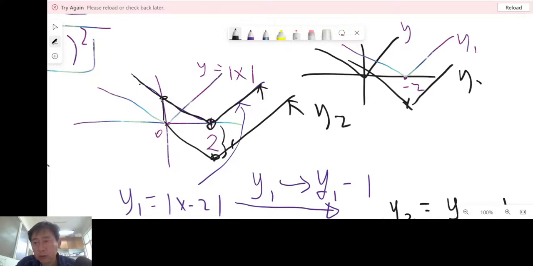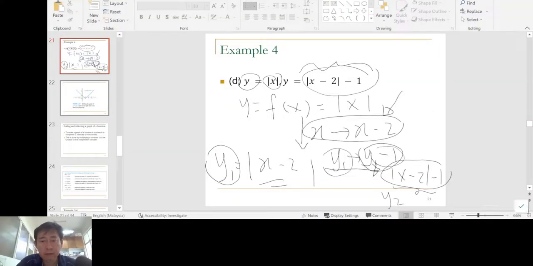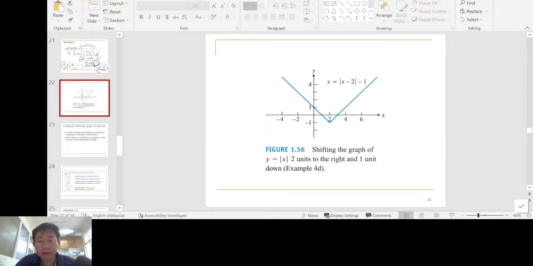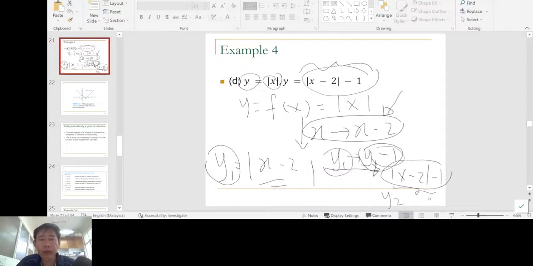So this is y2, where every single point on y1 and y2 differs by 1 unit. Okay, so that gives you this function. That is an example of performing two consecutive operations on an original absolute function.